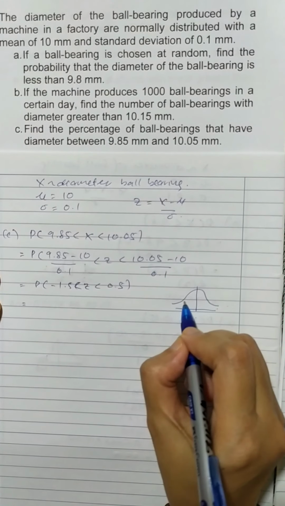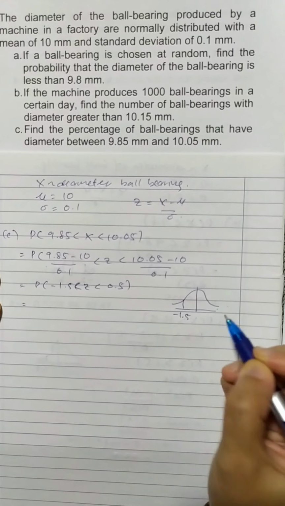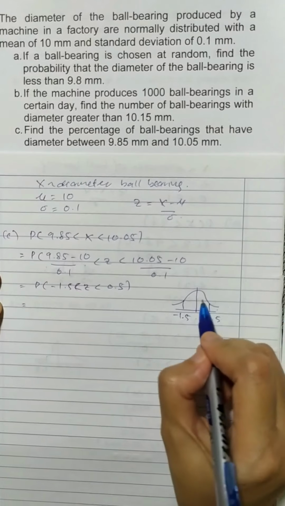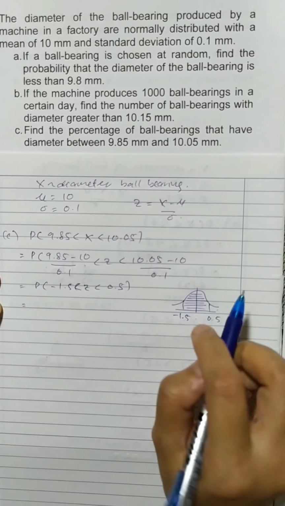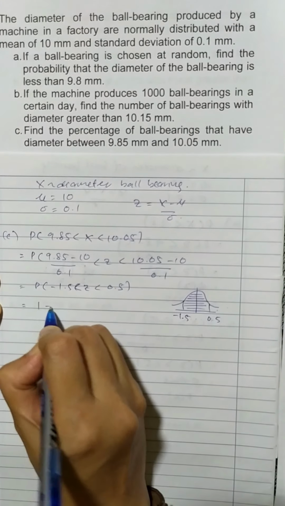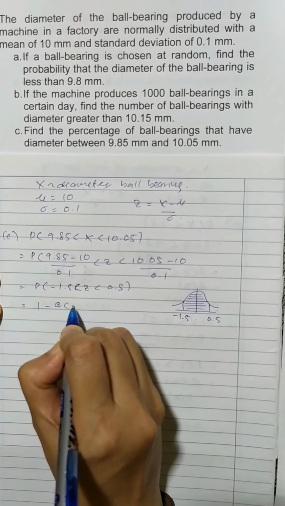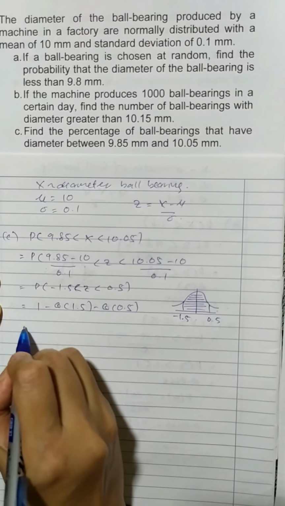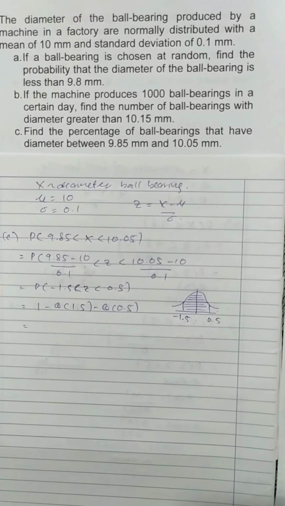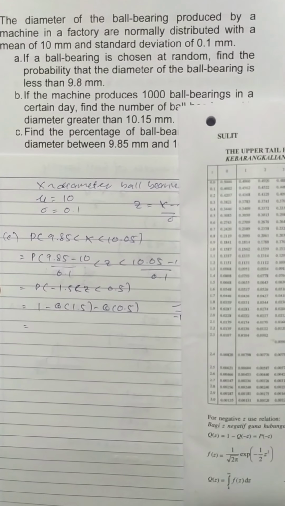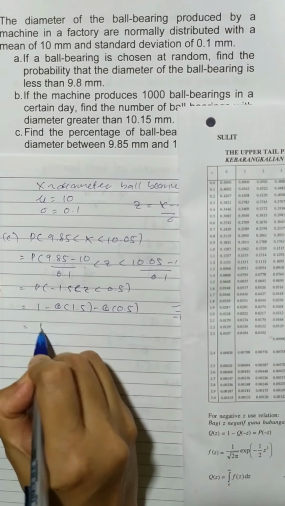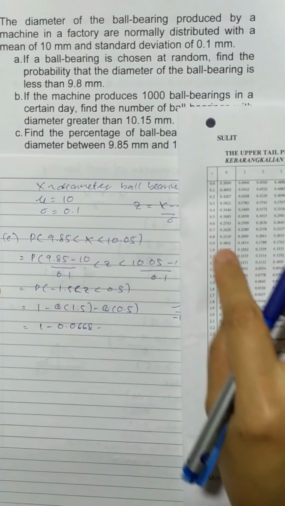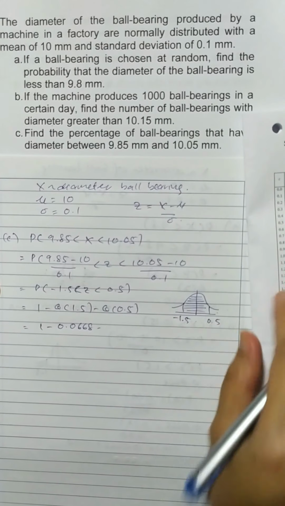Then you have to draw the normal graph. Negative 1.5 is on the left, 0.5 positive is on the right, so between is right here. To find the shaded region, it is 1 minus Q(1.5) minus Q(0.5). From the table, Q(1.5) is 0.0668 and Q(0.5) is 0.3085.